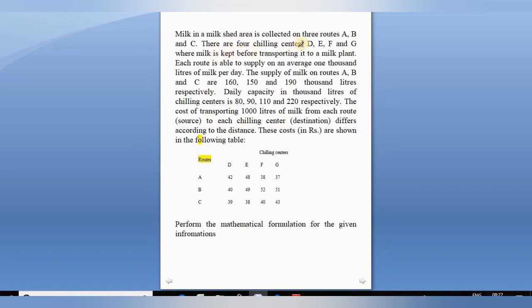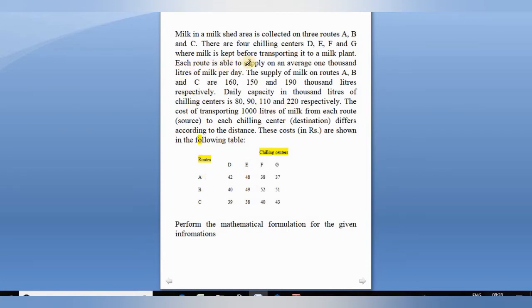And there are 4 chilling centers, D, E, F and G, where milk is kept before transporting it to a milk plant. So these routes are origins in this case, and the chilling centers, DEFG, are storage areas. So these are destinations.